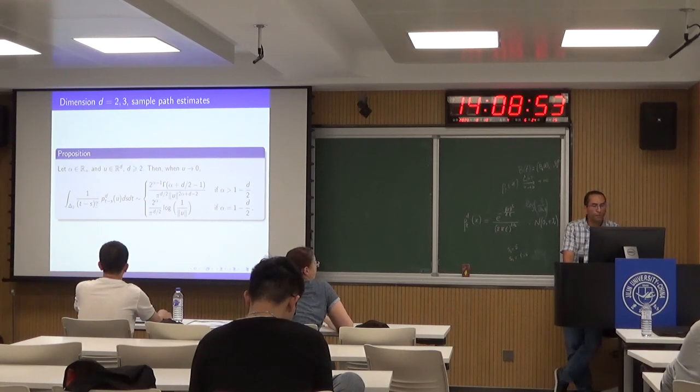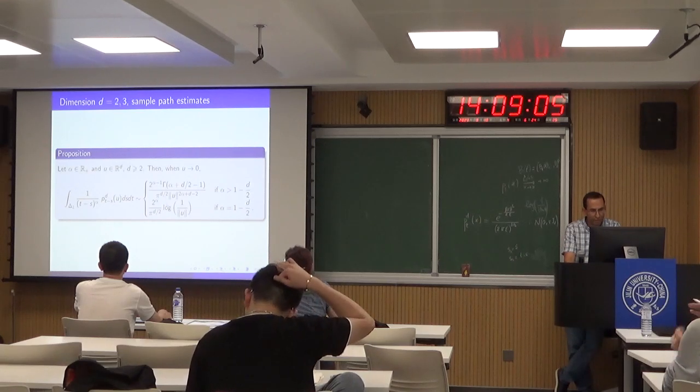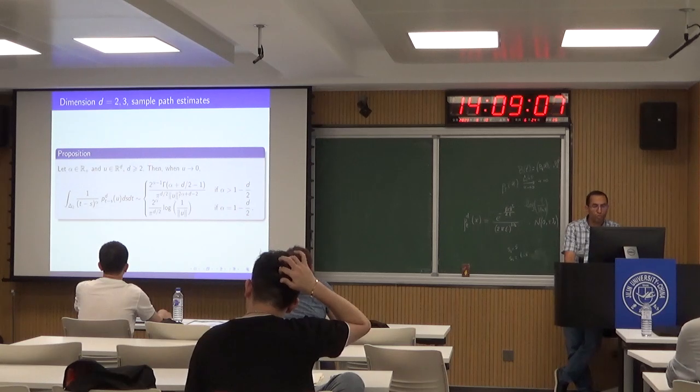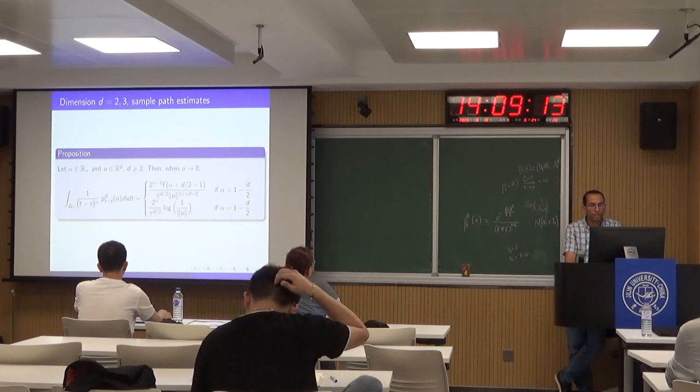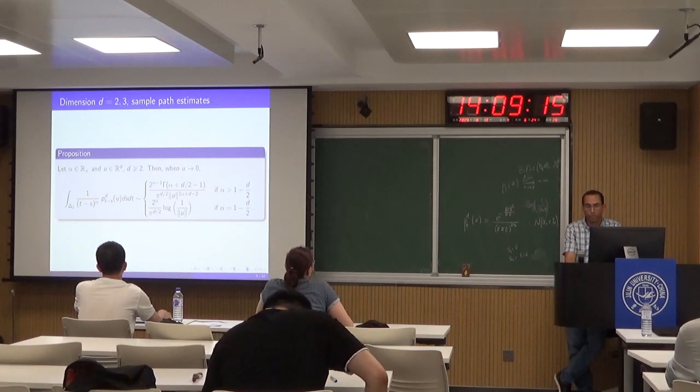So if alpha is greater than 1 minus d over 2, we will find that this integral is equivalent, when u tends to 0, to some constant, a gamma function, divided by the norm of u to this power. And if alpha is equal to 1 minus d over 2, we will find a logarithmic term here.